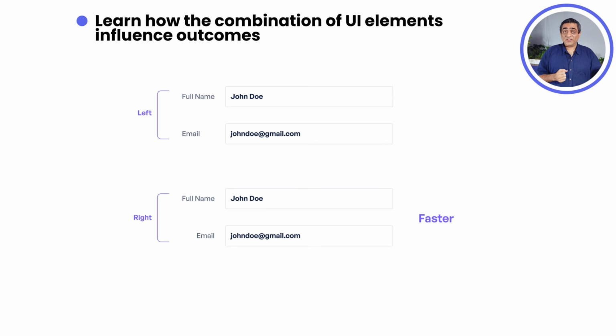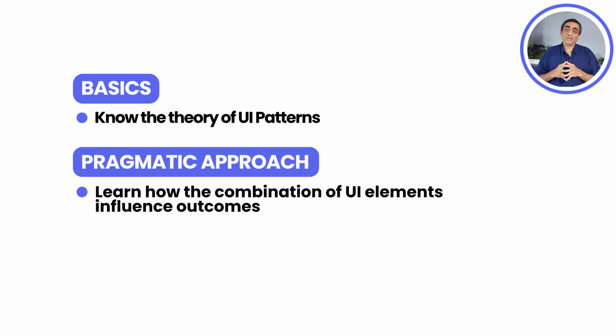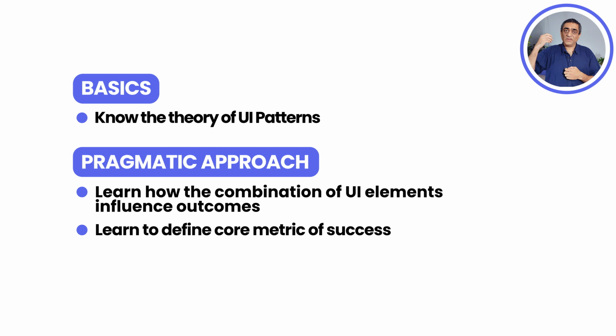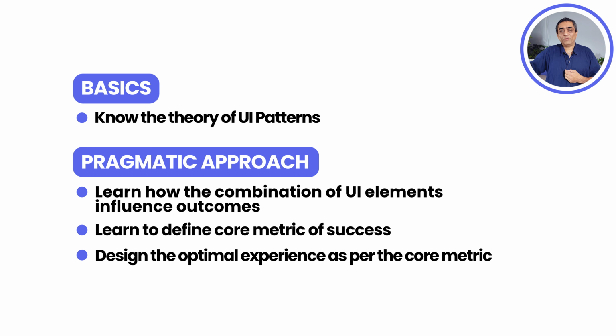The other alignment allows you to get the job done more accurately. The second thing you need to learn is how to define the core metrics of success. Before you start designing, you need to be thinking about what your metrics of success are, and you need to know how your designed experience influences that core metric. And that is the pragmatic way of doing it to make sure you're successful at work.